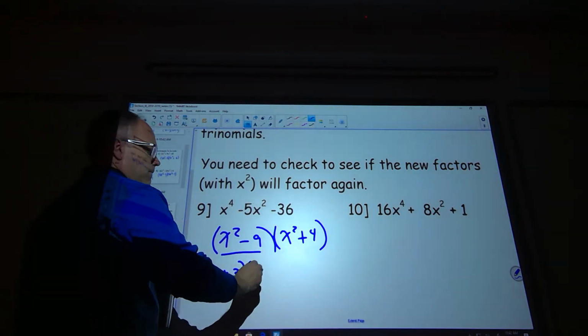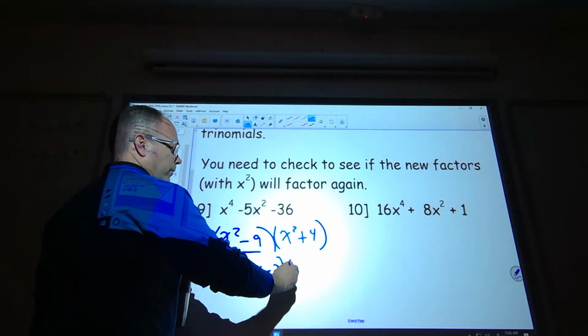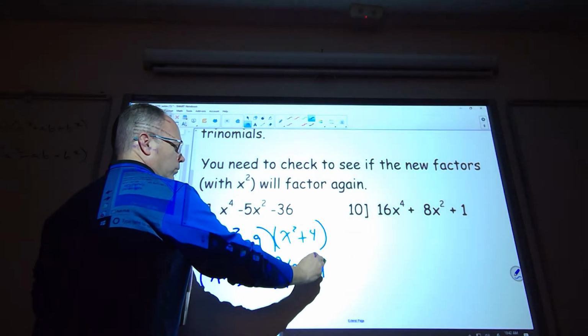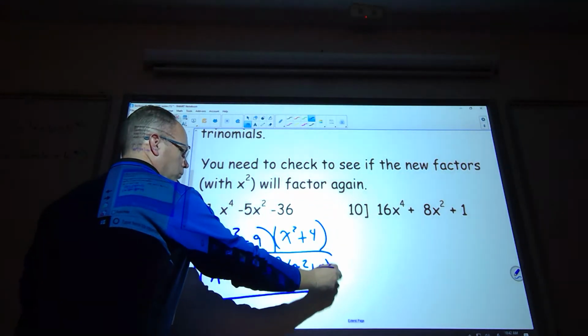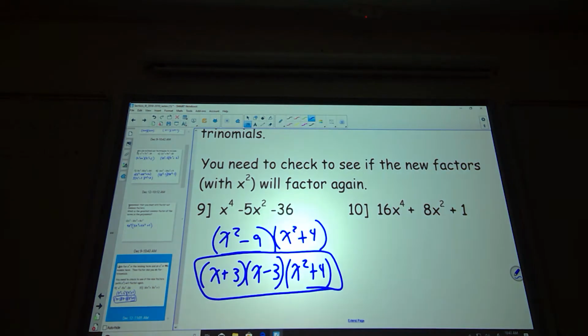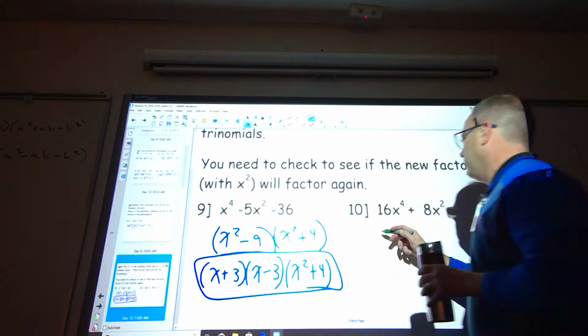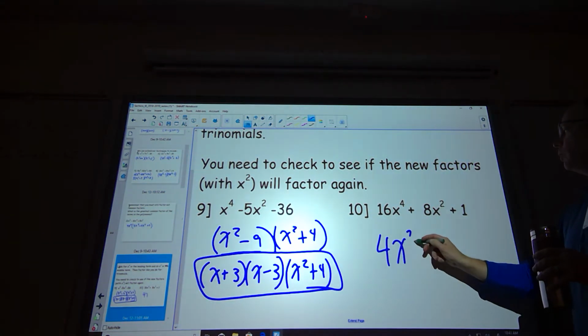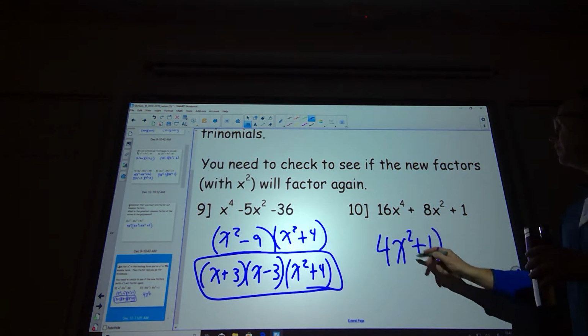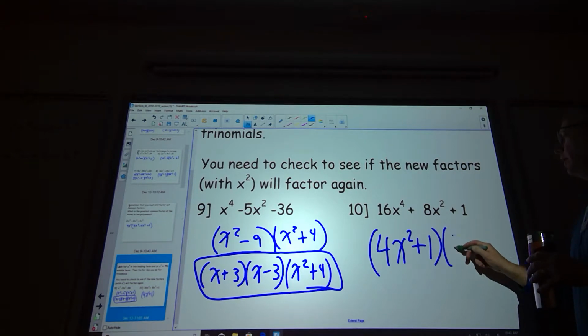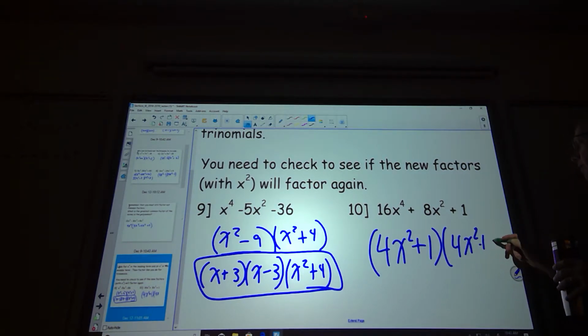Agree? And I know a lot of you will say, well, x squared plus 4. I know, but it won't factor. This one, perfect square trinomial, I believe. 4x squared plus 1, quantity squared, or 4x squared plus 1. Your choice. I think that's right.